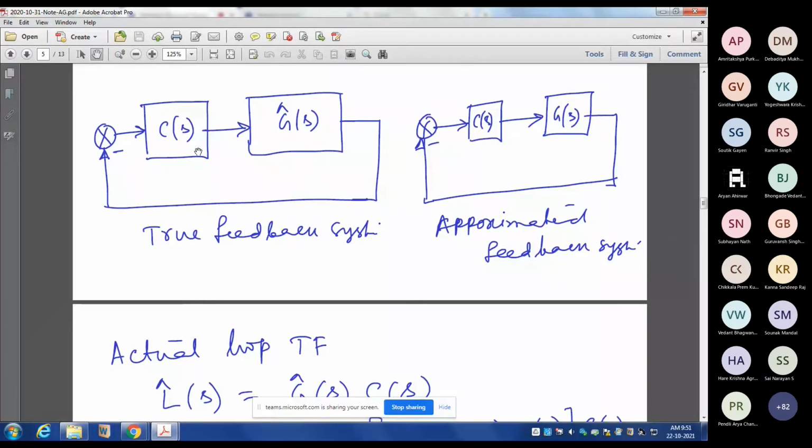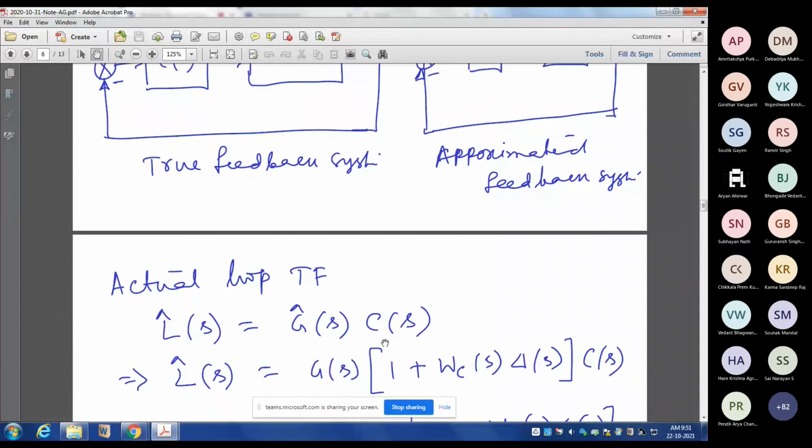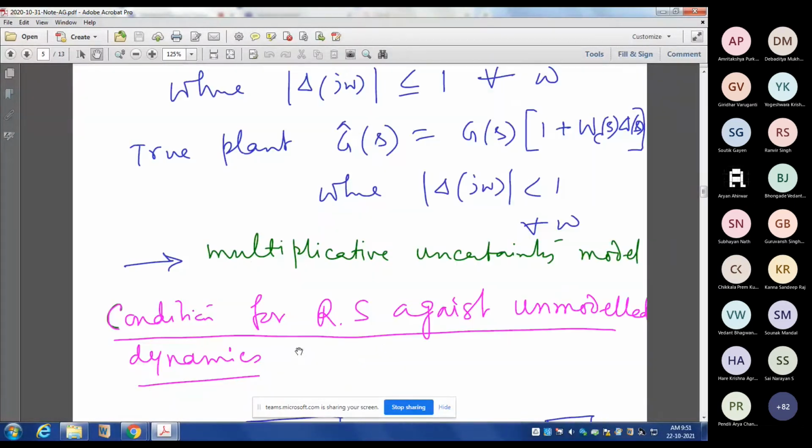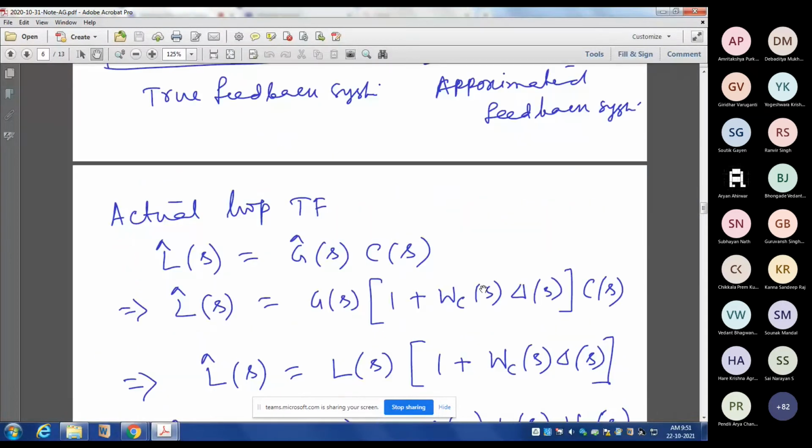Okay, so that you can write like this. Now G hat(s) we have already got: G hat(s) is equal to G(s) into 1 plus this one. So if you substitute that, then G hat(s) you can write like this, and C(s) is your controller.